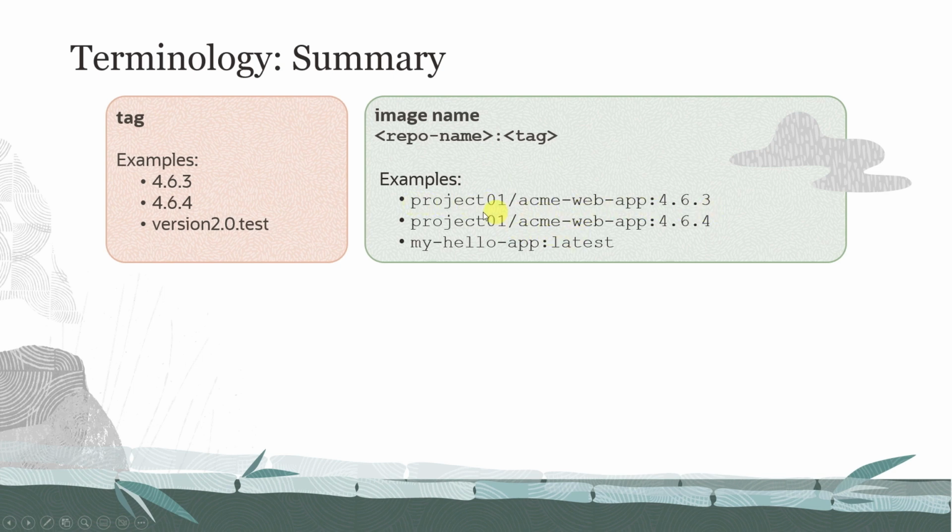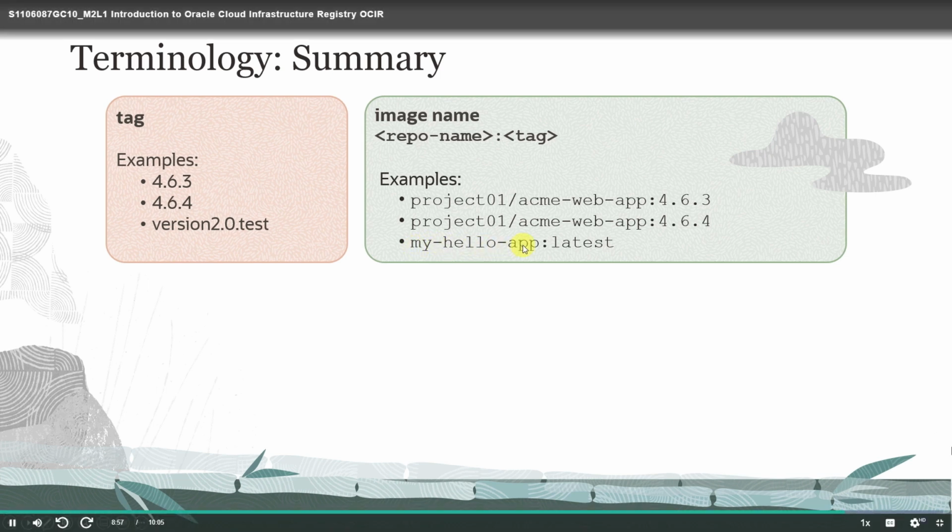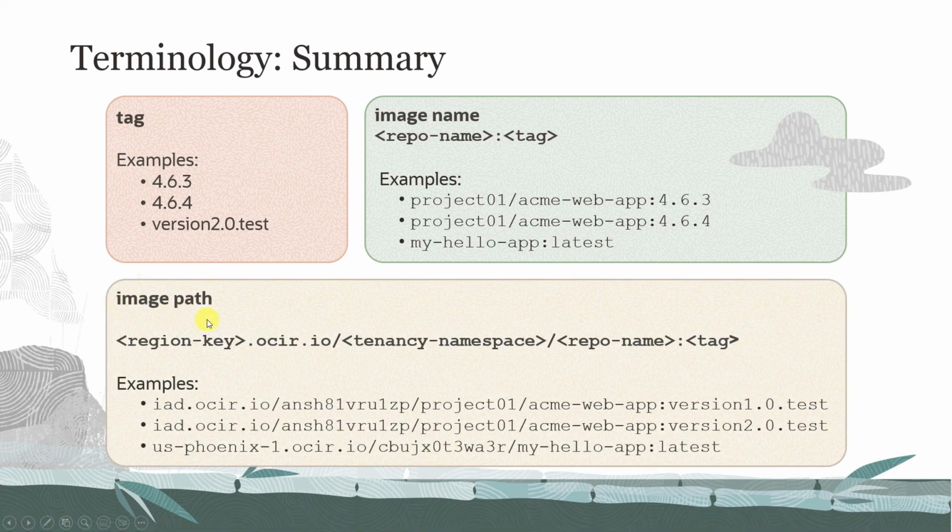As you can see from the example, we have an image name with the repository name project01/Acme web app, separated by a colon from the tag 4.6.3. A tag can be a numerical value or it can be a string, as in this case. In the third example here, the repo name is my hello app, separated by a colon from the image tag, which is latest.